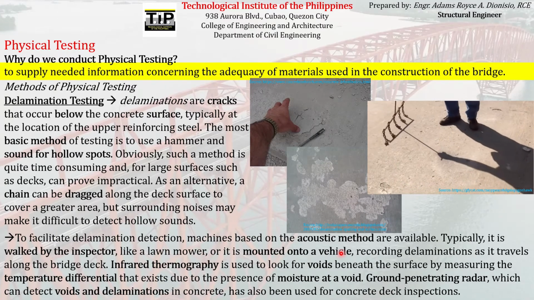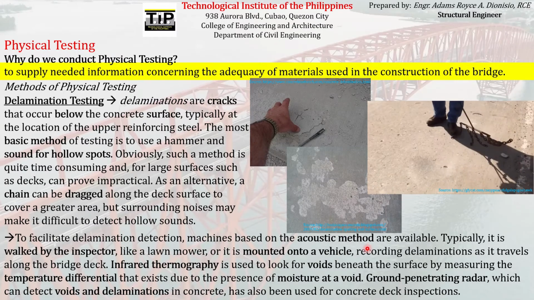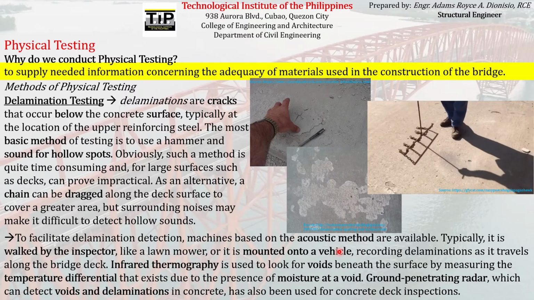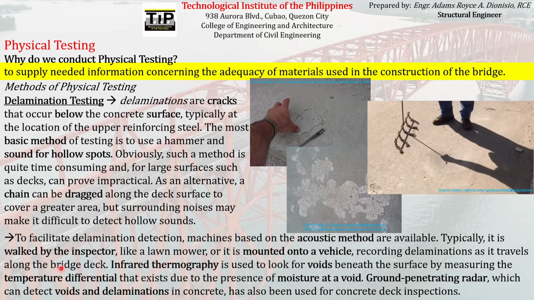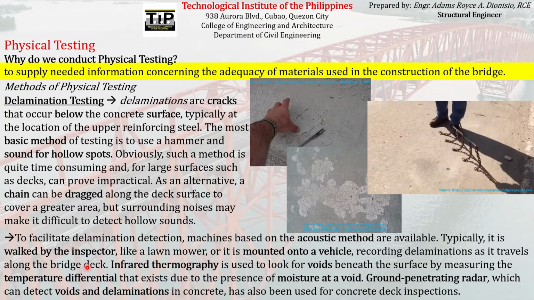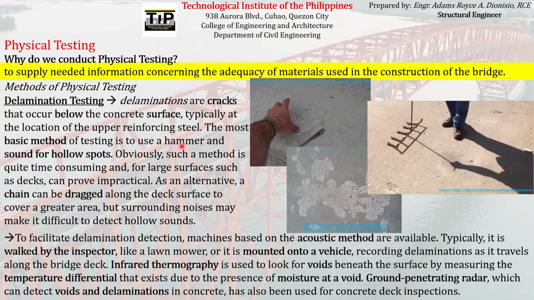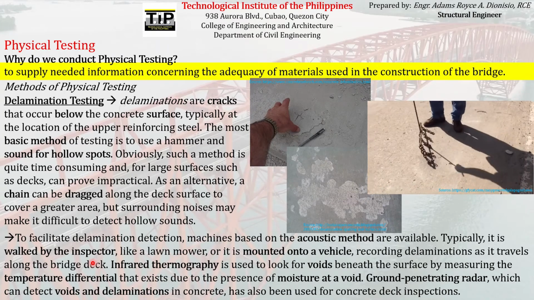As it travels along the highway or the concrete surface, it can already record the delaminations as it travels along the bridge deck. So that's an alternative to the use of chains and hammer in detecting hollow spot sounds.